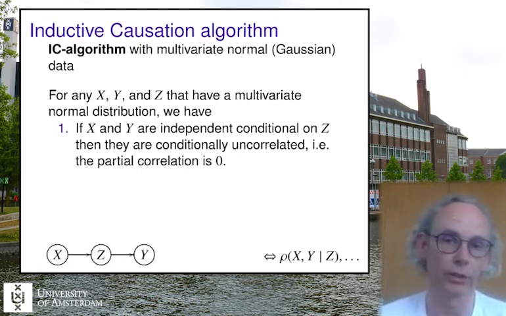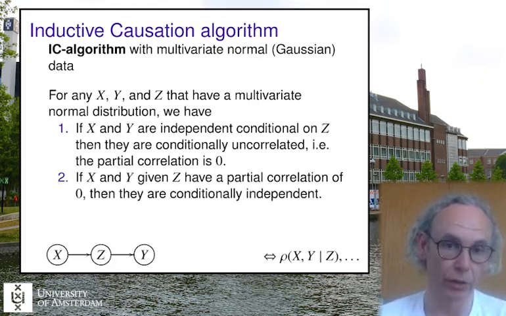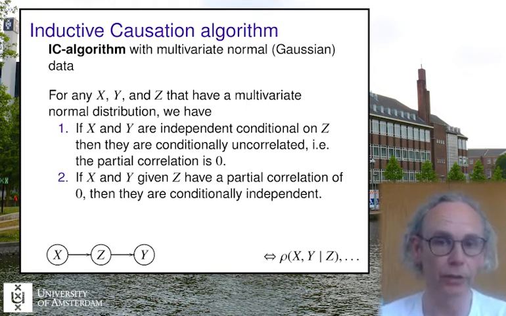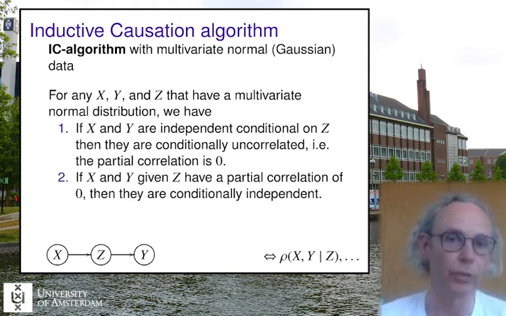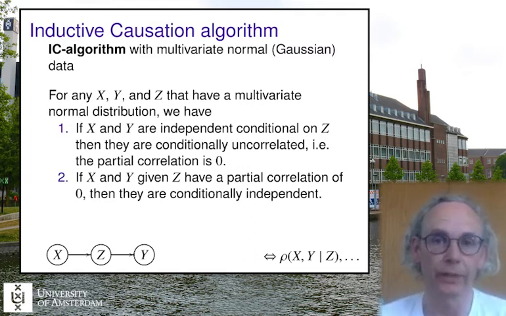So the partial correlation is zero. But this is also true in the reverse situation. So if we find a partial correlation of 0 for x and y given z, then they are also conditionally independent. So this is very, very particular to the multivariate normal distribution. Partial correlation implies conditional independence.